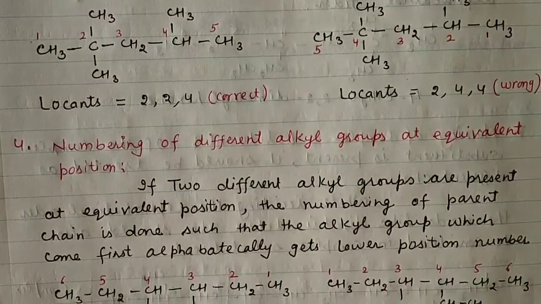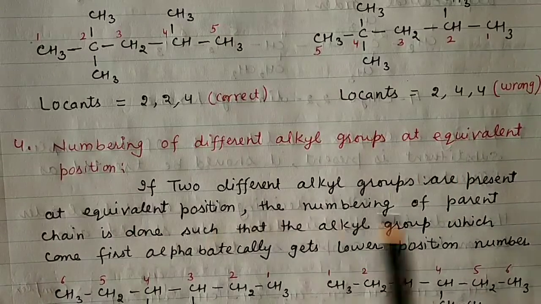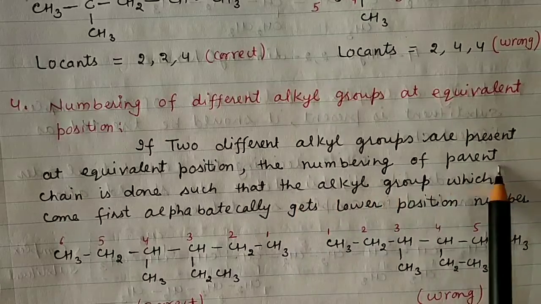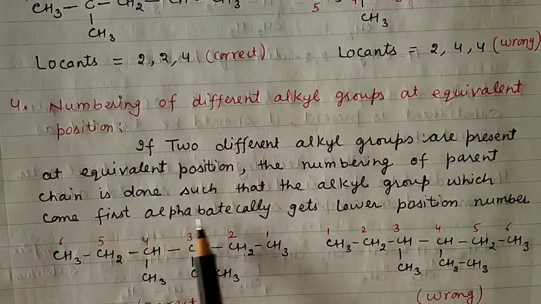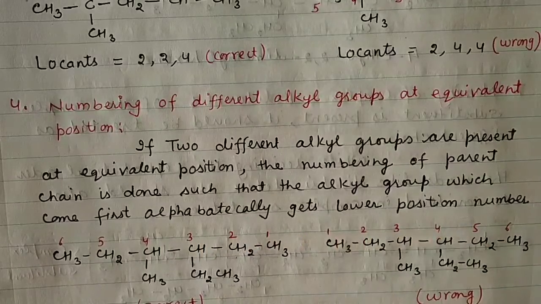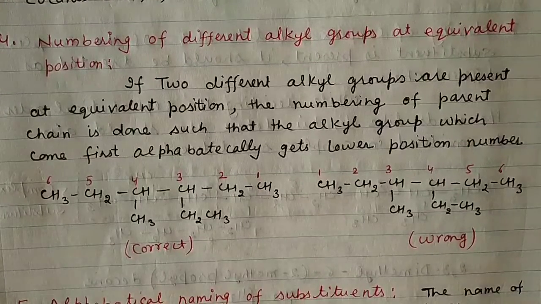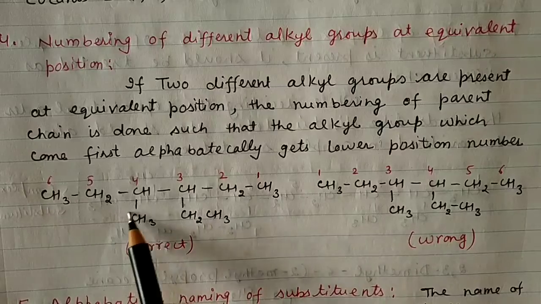Next, numbering of different alkyl groups at equivalent positions. If two different alkyl groups are present at equivalent positions, the numbering of the parent chain is done such that the alkyl group which comes first alphabetically gets the lower position number. Like this, here this is the ethyl group, and here this is the methyl group.